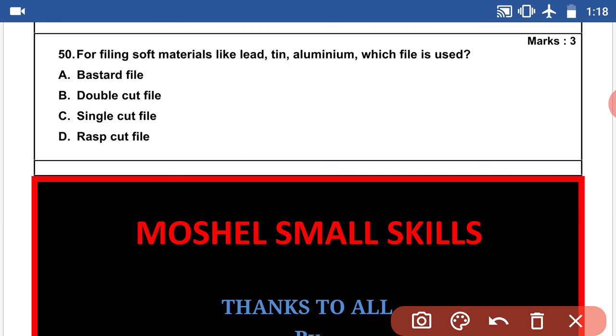For filing soft material like lead, tin, aluminum, which file is used? Single cut file. Option C is the correct answer, single cut file.